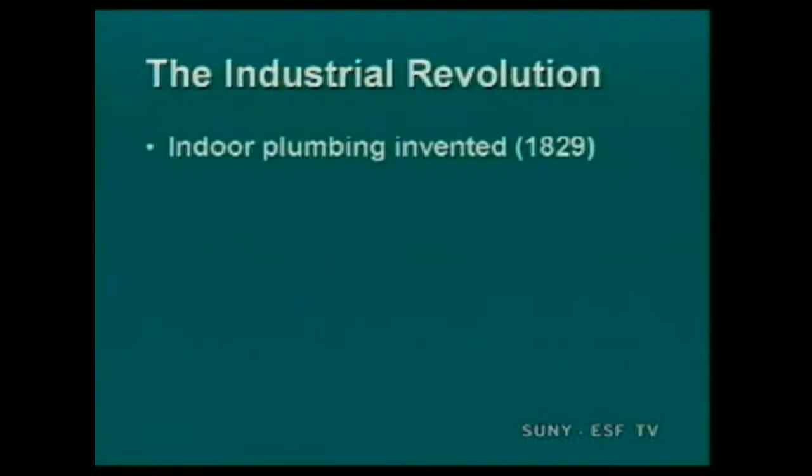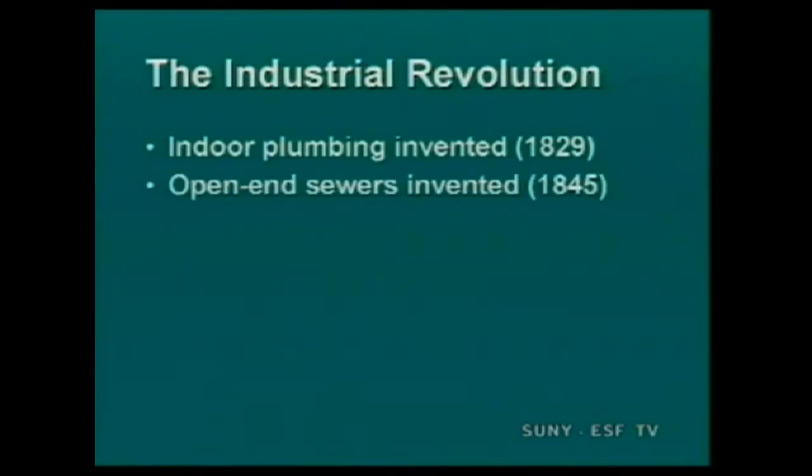Now eutrophication has really taken off over the last 150 years or so, and we really saw an increase in it during the Industrial Revolution. Why is that? Because indoor plumbing started to become used heavily.